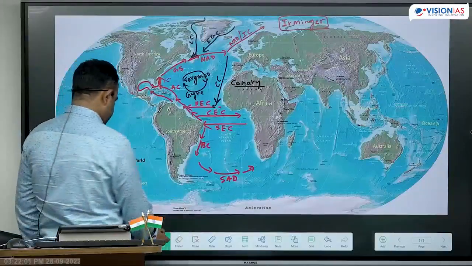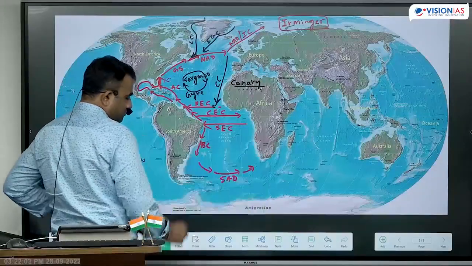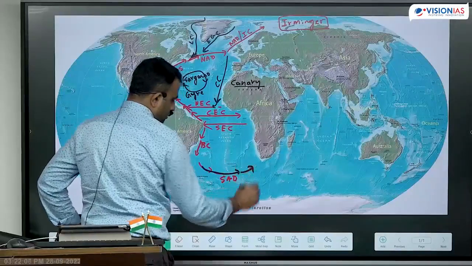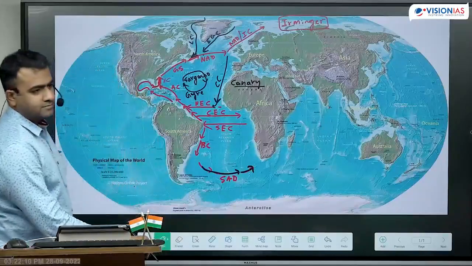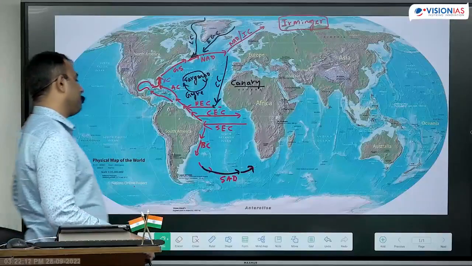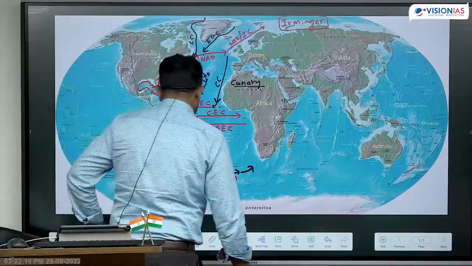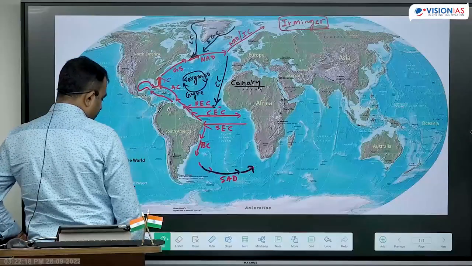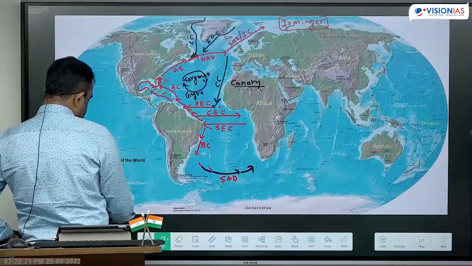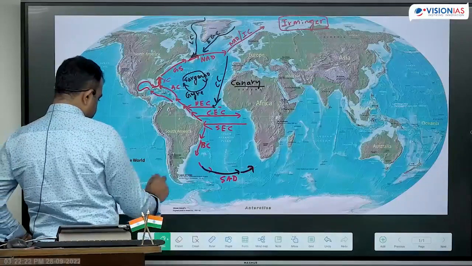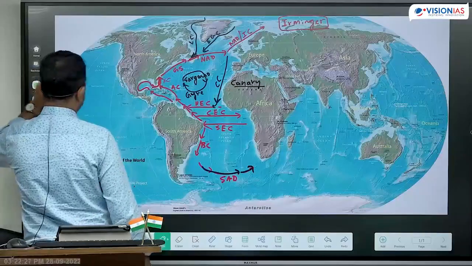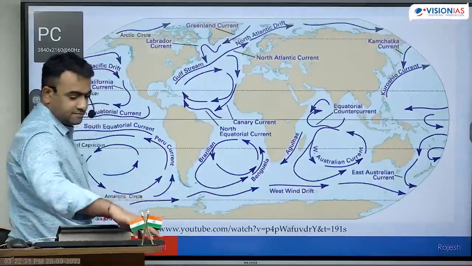Here one correction. The South Atlantic Drift is not warm, it is cold. I'll tell you why. Around the continent of Antarctica, it is strongly surrounded by the westerly belt. The entire continent of Antarctica is strongly surrounded by the westerly belt.